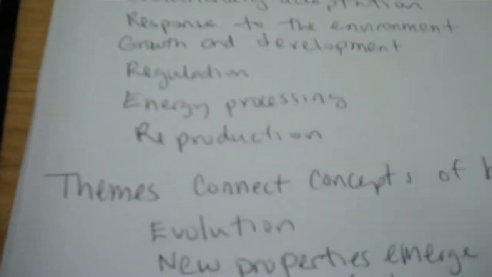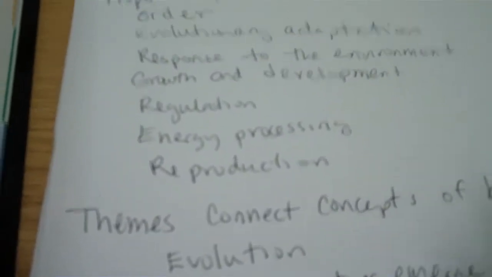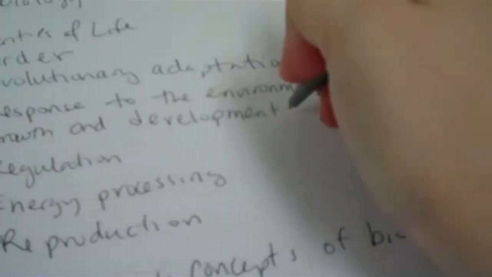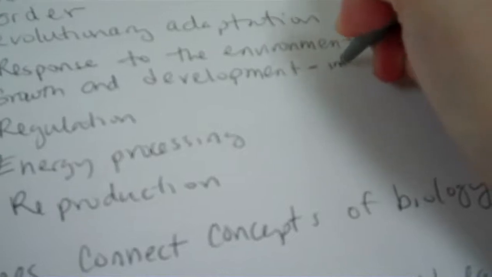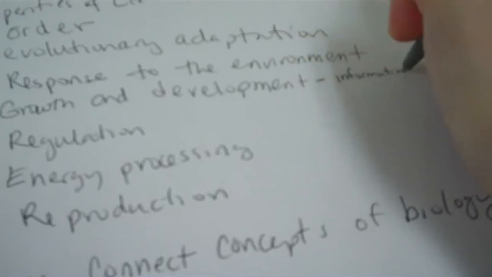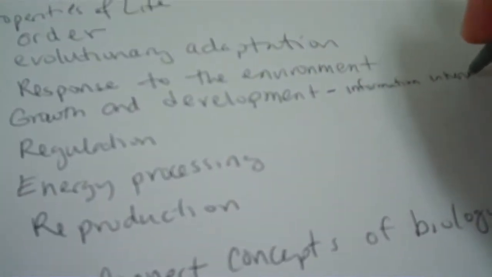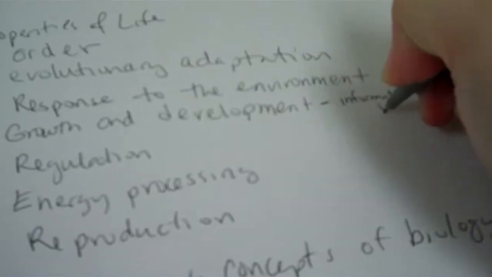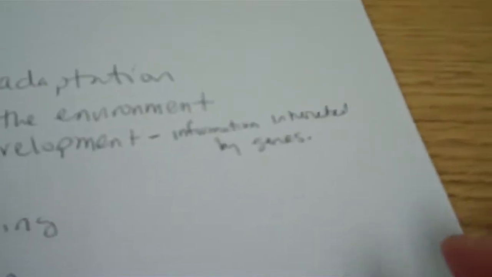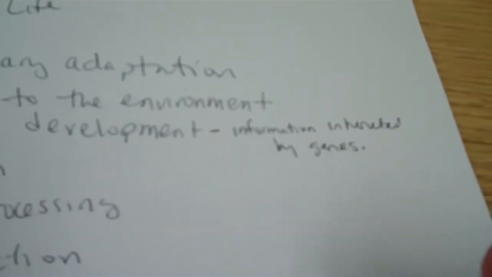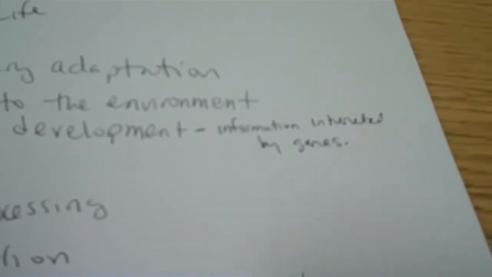So I'm going to go back over here to my roadmap where it talks about growth and development, and I'm going to add just that piece of information. Information inherited by genes. So the question then becomes, how do you know where to look to get that information that you need to further understand those concepts?